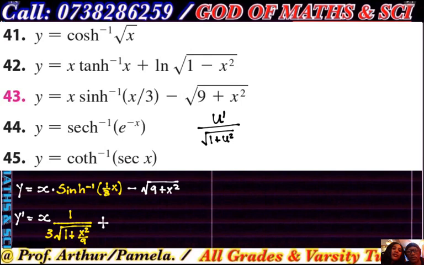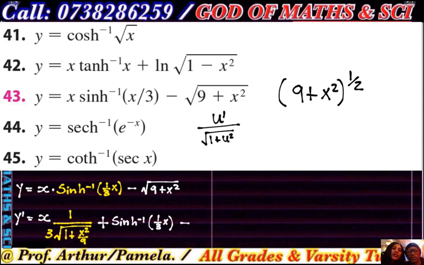Then you're left with arcsinh of x over 3. Aha. Now we need to derive that one. So minus. This one here is the power rule, because you're having 9 plus x squared to the power of half. When you derive that, the half will come.